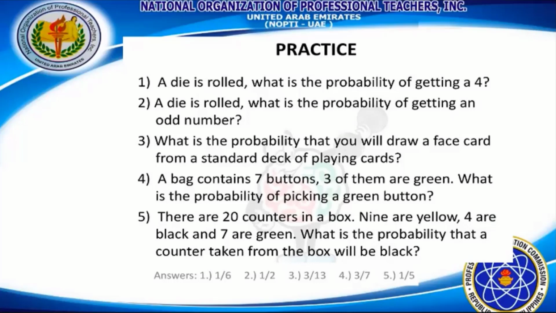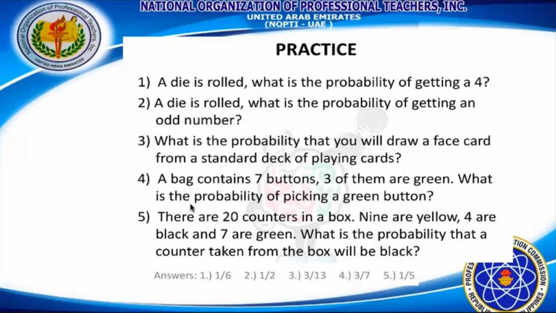Ilagay lagi yung total number. Pwede mo pang i-reduce yung 12 over 52 into 3 over 13, by means of 4.